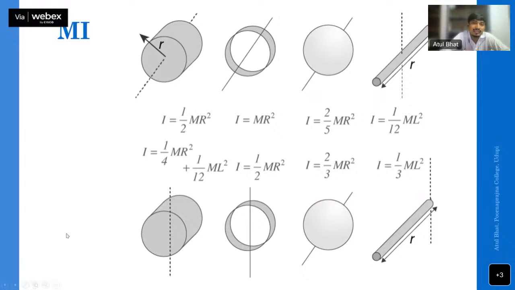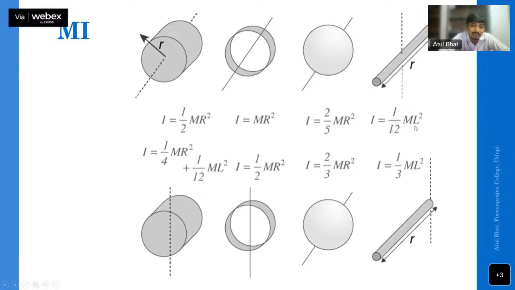For example, when you take the cylinder with a large radius over here on top, along an axis given by this dotted line and this radius r, it has a moment of inertia of 1 by 2 mr square. At the same time, for a similar cylinder of length L and a very small, negligible radius, with the axis passing through this center over here, the moment of inertia is 1 by 12 ml squared.